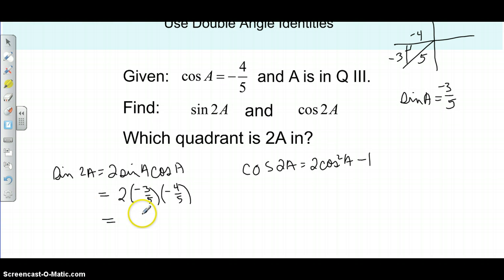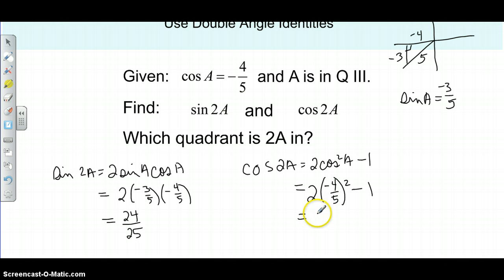That becomes, let's see, negative 3 times negative 4 is positive 12 times 2 is 24, and 5 times 5 is 25. Okay, so we'll substitute in also for cosine of 2a. 2 cosine squared. Remember, cosine is negative 4/5. Square it, subtract 1, and then we're going to simplify.